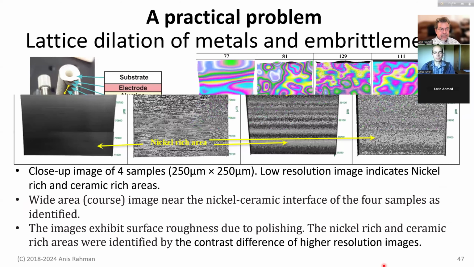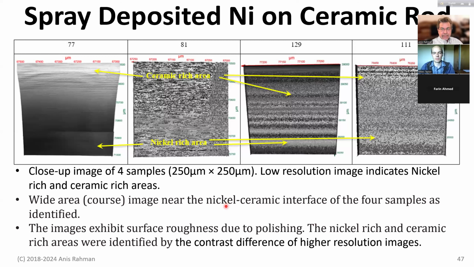And then we chose at the interface a 250 micron by 250 micron area, not volume, an area, to get a sense of the interface area, because we want to find a spot with more nickel so that we can measure the nickel lattice.